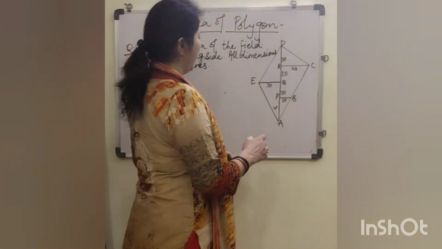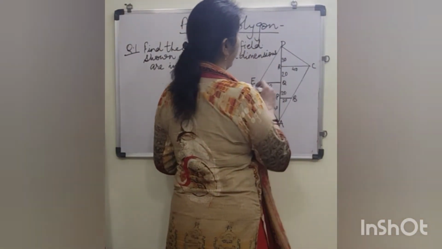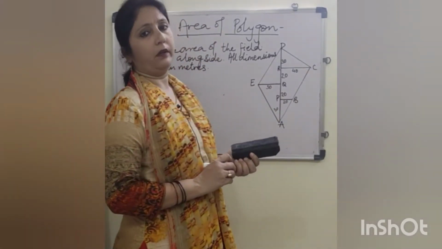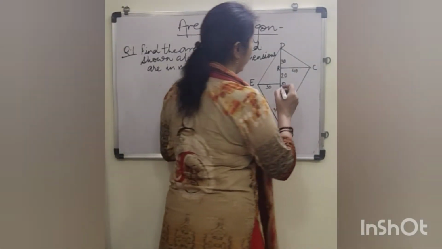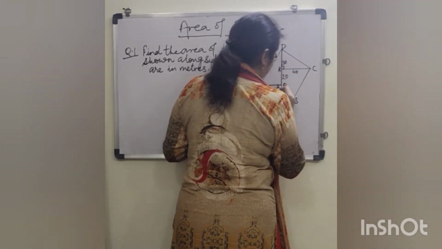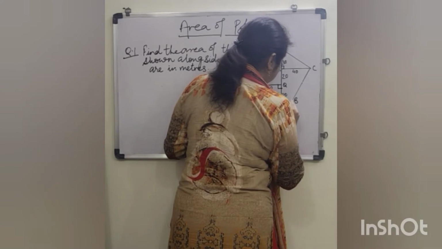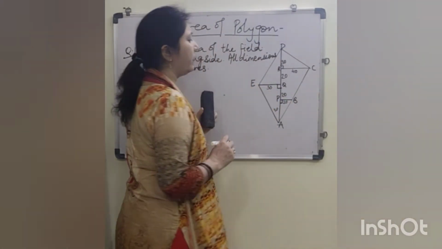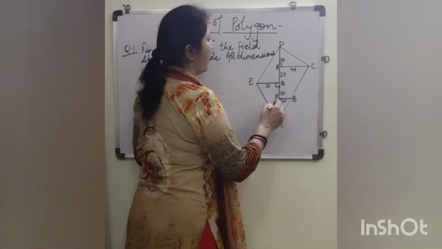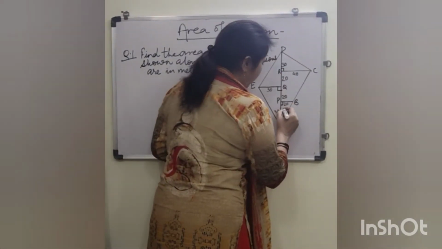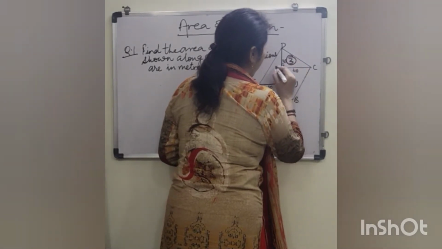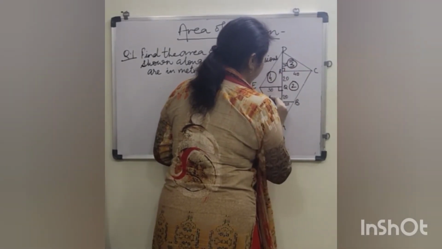Now here is a pentagonal field ABCDE whose dimensions are all in meters. If you look at the figure carefully, this point is R, here it is perpendicular, this Q here you have perpendicular, and at P here it is a perpendicular. So you can see overall you have divided it into figure 1, figure 2, 3, 4 and 5.